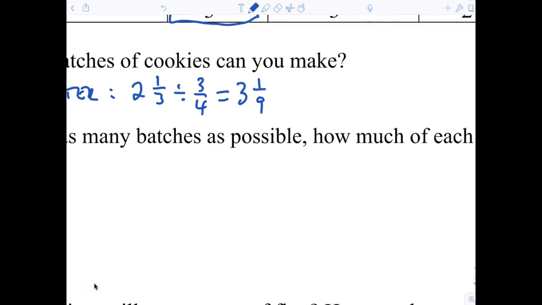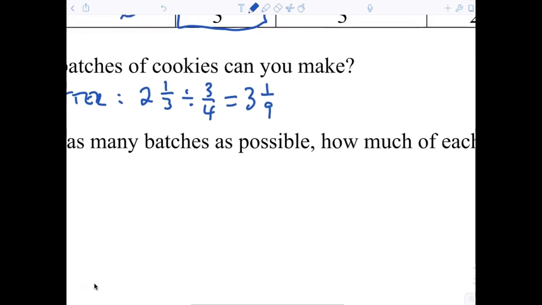Now, if you do it as an improper fraction, you should second. All right, very nice. So again, you can make 3 1/9 batches.